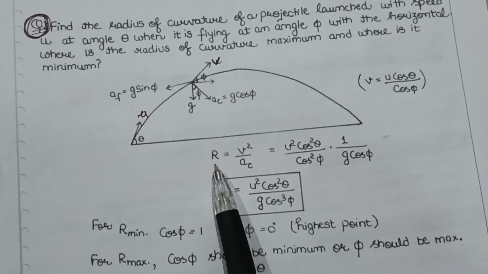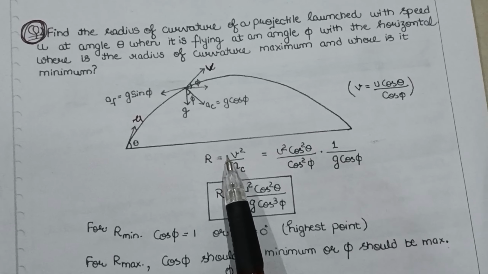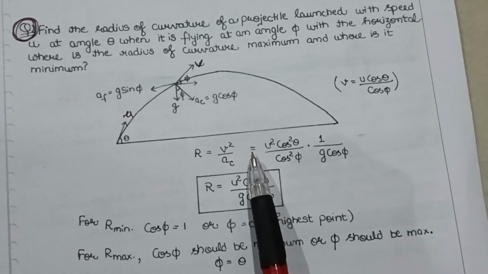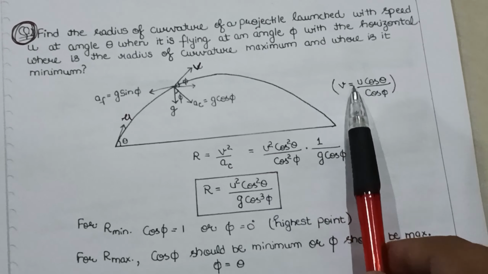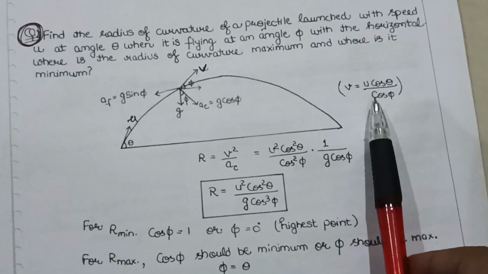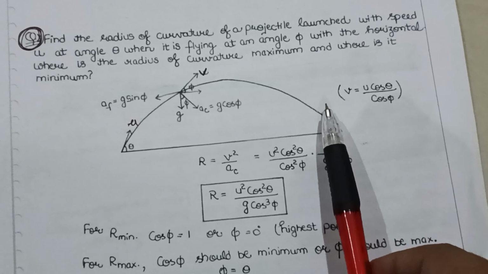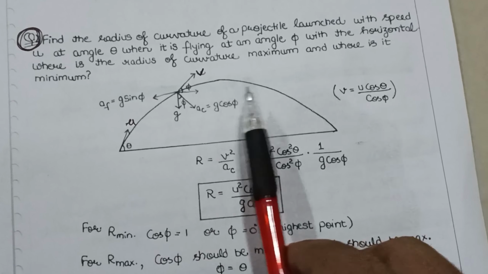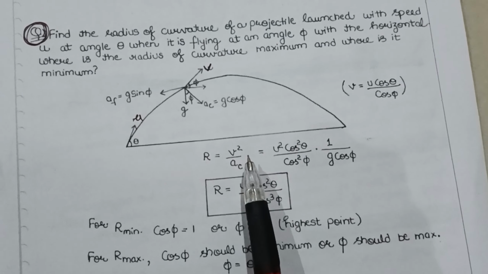So, the radius of curvature r is equal to v square upon centripetal acceleration. We get v is equal to u cos theta upon cos phi, because the horizontal component of velocity is equal at any point in a given projectile.